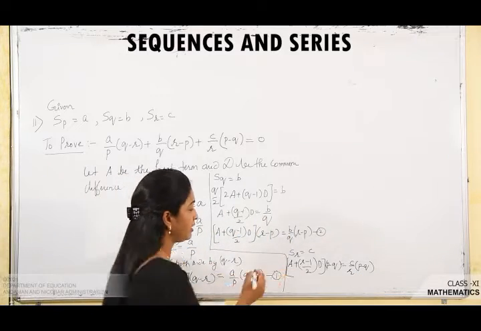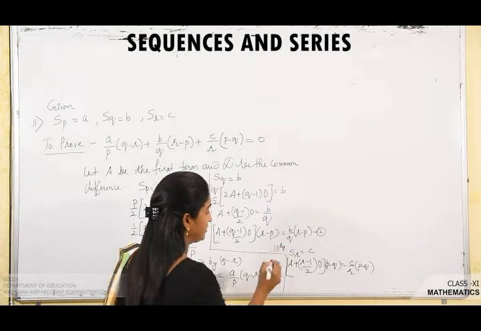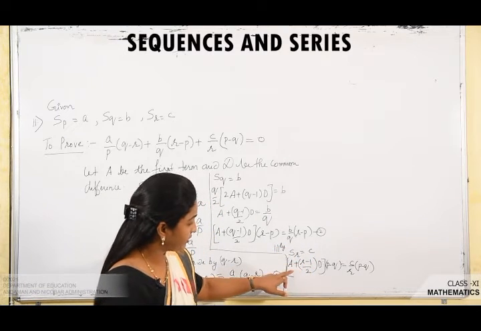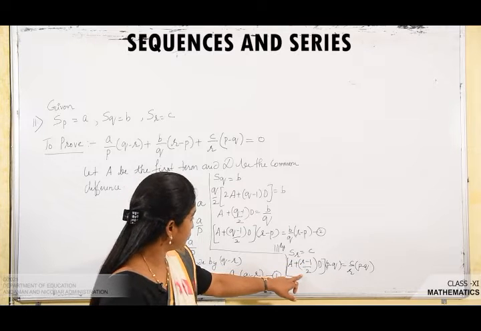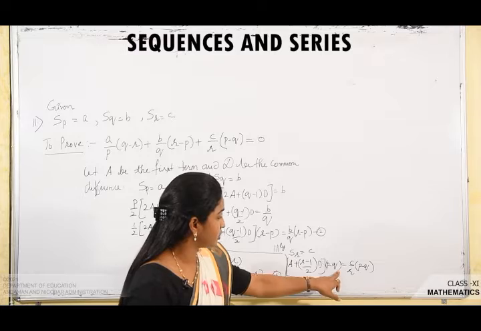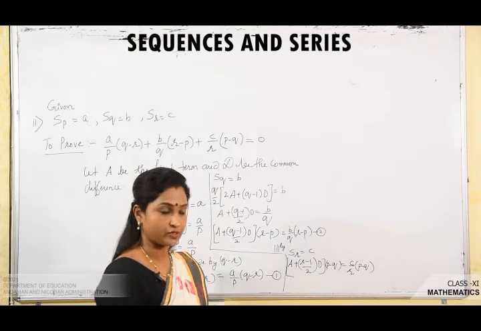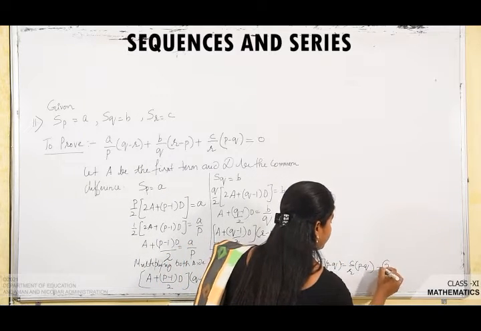The third one, similarly you can write. Similarly, since SR is equal to C, you can write it down as A plus R minus 1 by 2 into D into P minus Q is equal to C by R into P minus Q. This is your equation number 3.